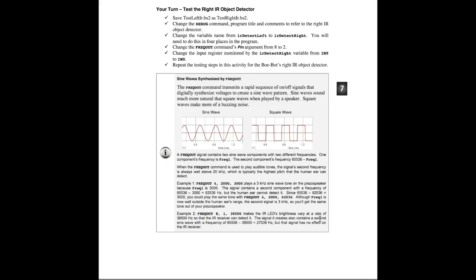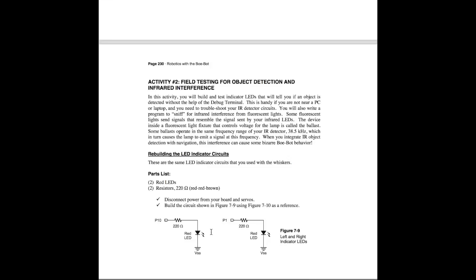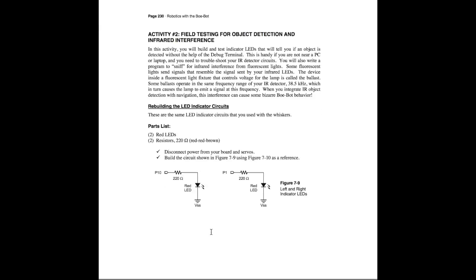The signal it creates also contains a second sine wave with 65,000 minus 38,000, or 27,000 hertz, but that signal has no effect on the IR receiver. So an interesting little tidbit there, although it seems like it doesn't really matter to either our ear or to the infrared sensor.